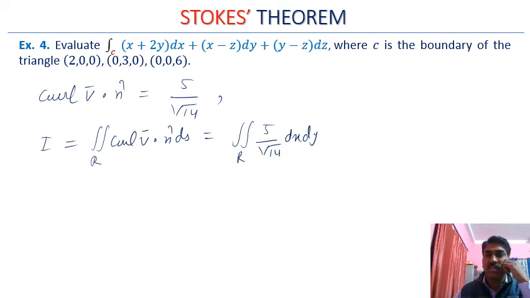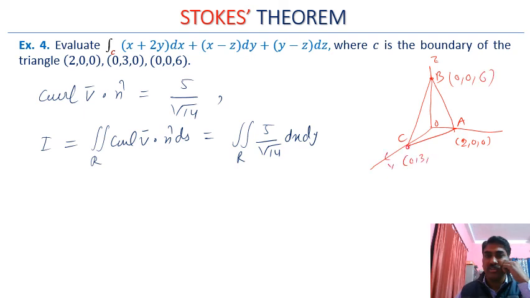For the sake of completion, and for your ease, I am again marking the triangle: O, A, B, C, with A as 2 comma 0 comma 0, this point B on the z-axis 0 comma 0 comma 6, and this point C on the y-axis 0 comma 3 comma 0.